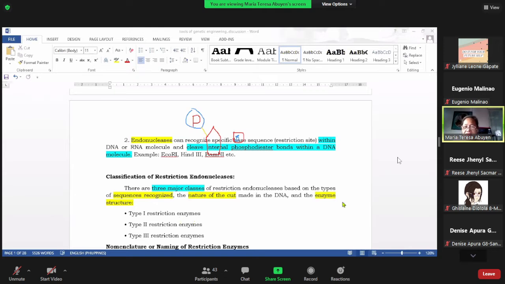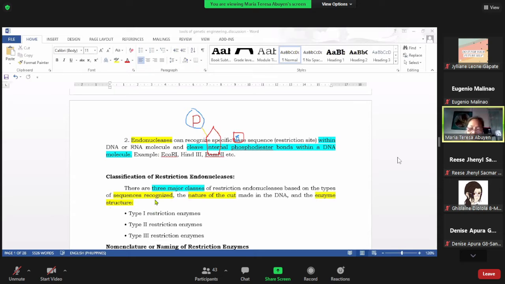Again, the three major classes of restriction endonucleases are based on the sequence recognized, the nature of the cut made in the DNA, and the enzyme structure. Please take note of this.